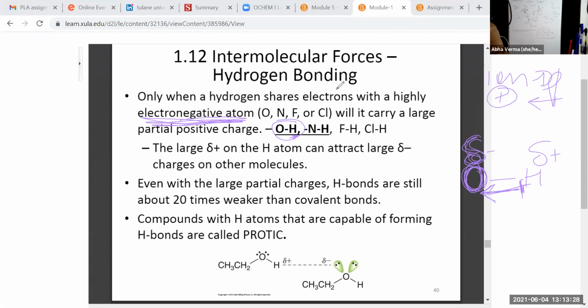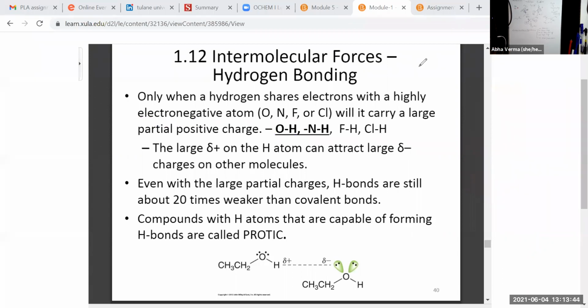It will be sucking more electrons out of hydrogen, leaving this hydrogen electron deficient or partially positive. So we generally like the delta sign like this.